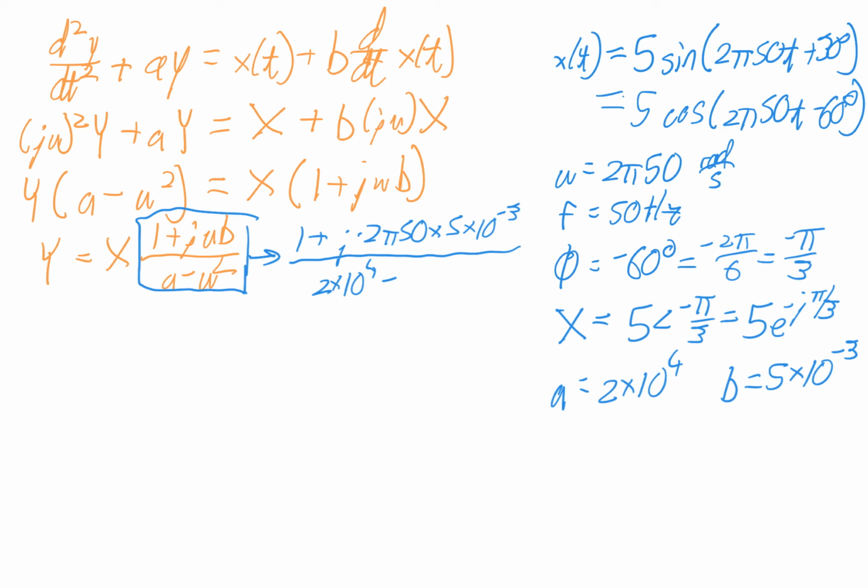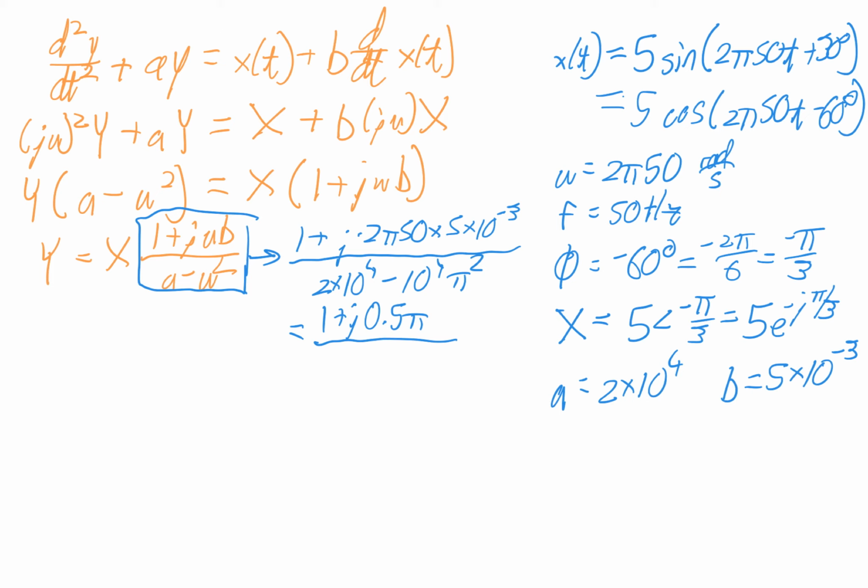Omega is 100 pi, so we get 10 to the 4th pi squared. So simplifying that, in the numerator we have 1 plus j, and there we have 2 times pi times 50, so that's 100 pi times 5, that's 500 pi, and then we multiply times 10 to the negative 3rd, so 0.5 pi.